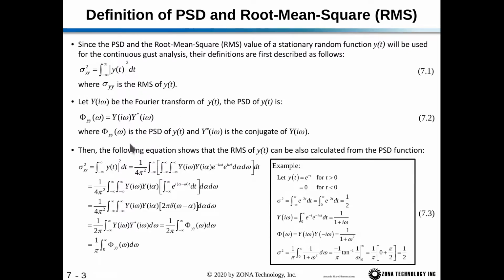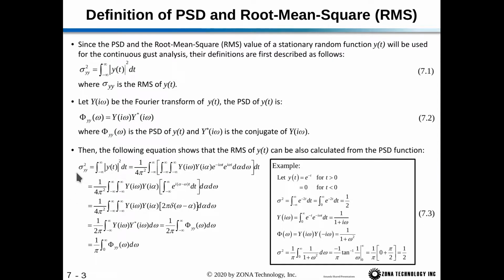So the capital phi yy of omega is the PSD of y of t, and Y star is the conjugate of Y. Then the following equation here, 7.3, shows that the RMS of y of t can also be calculated from the PSD function.